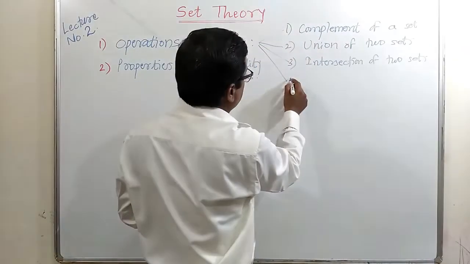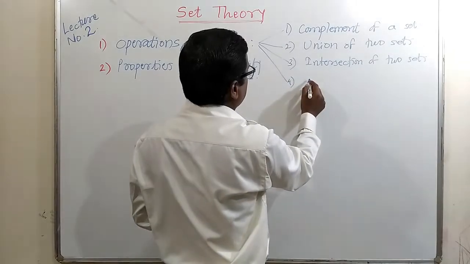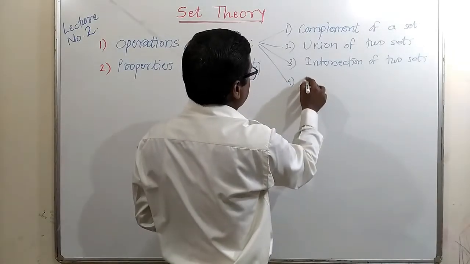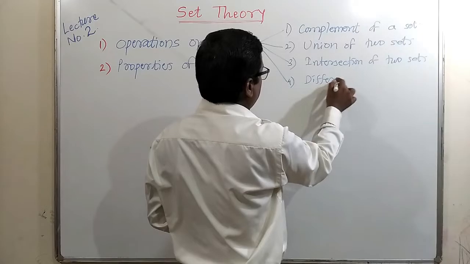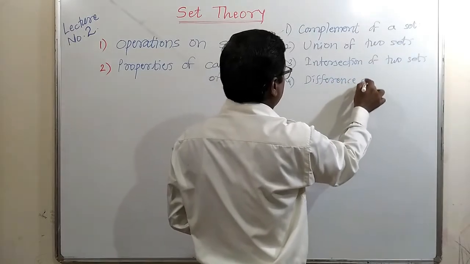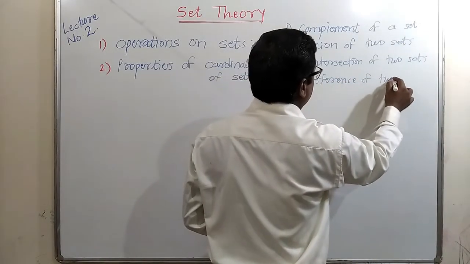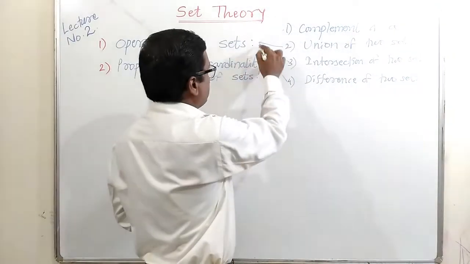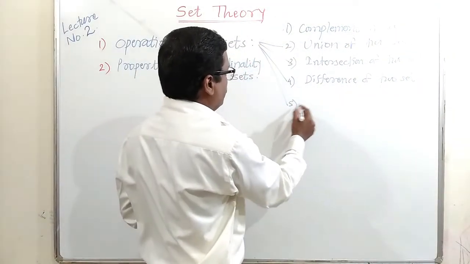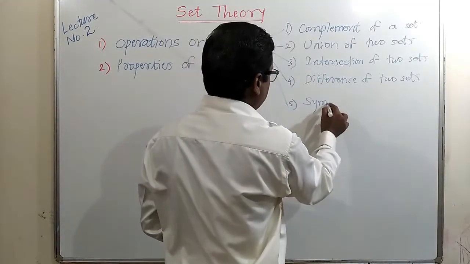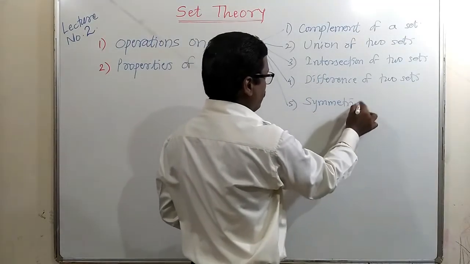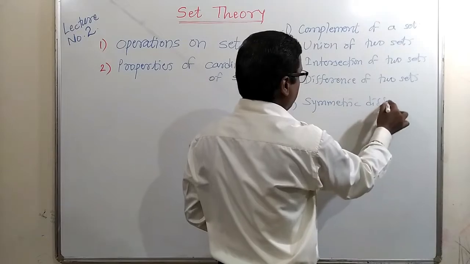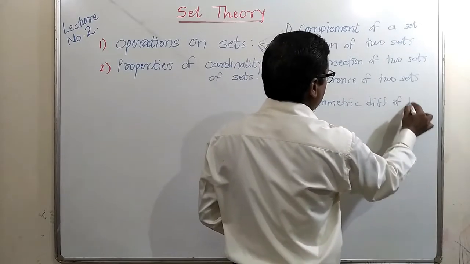Fourth operation will be difference of two sets. And the last, fifth operation will be symmetric difference of two sets.